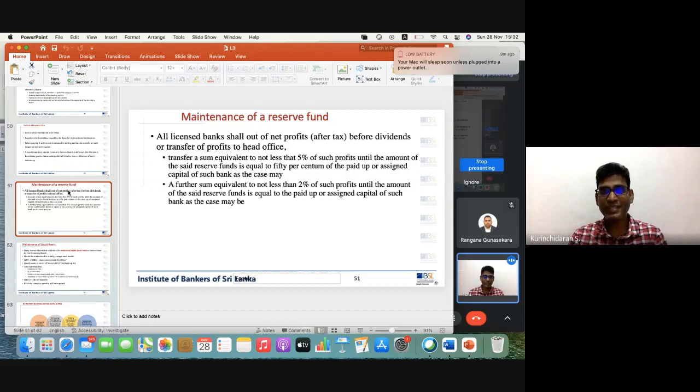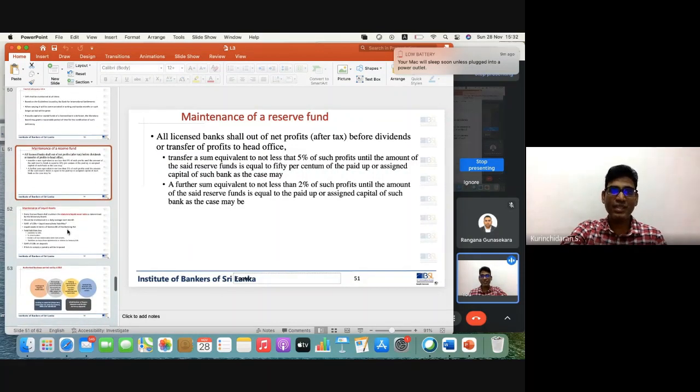So you have to create a reserve fund. Every year, you have to transfer 5% of your profit to the reserve fund. And after 50% of the capital, you have to transfer only 2% until it comes to 100%. So this is also one of the requirements.